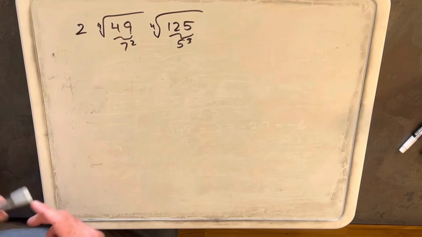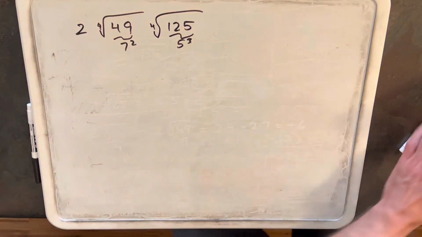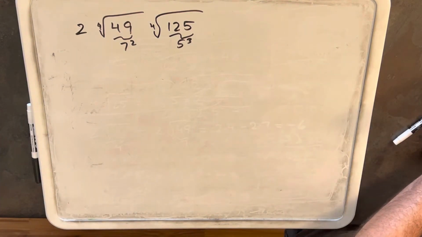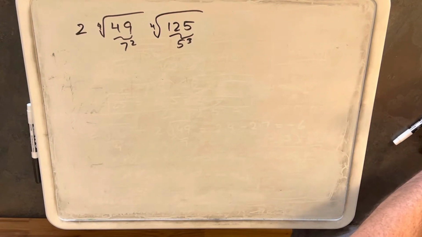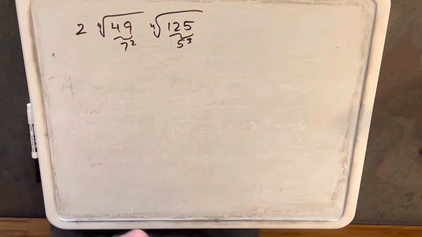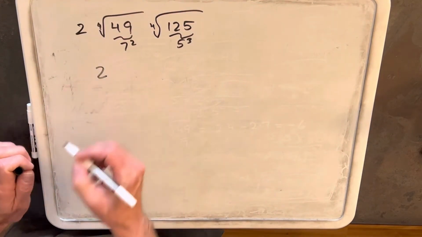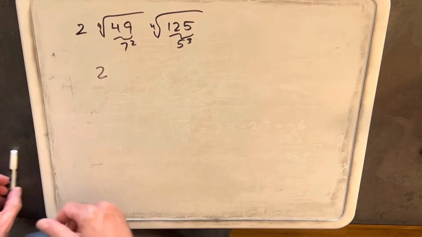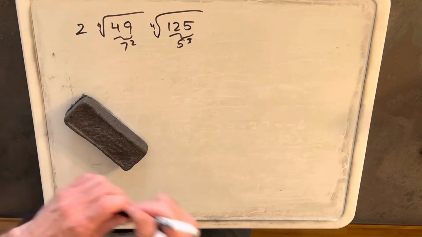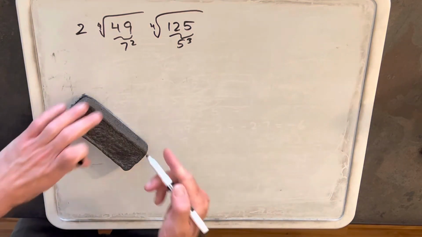I think I'm just going to, let's see, use a calculator and see what 49 times 125 is. I don't know that one off the top of my head. So we'll write this as, why did I switch pens? That was dumb. Draw that out.